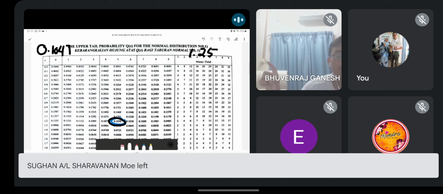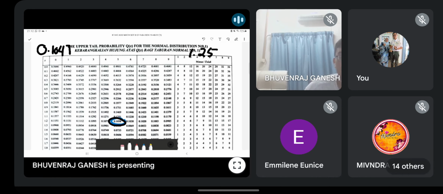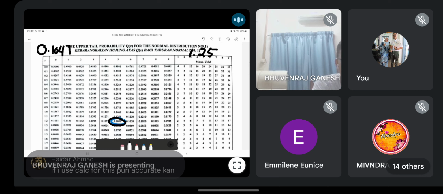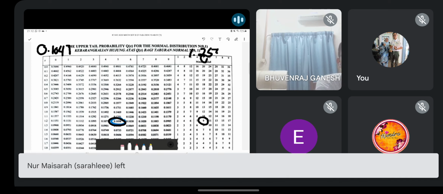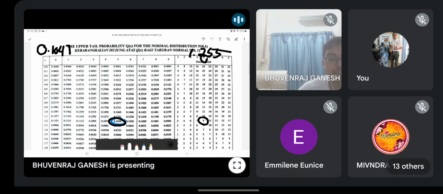Berapa? Tolak apa? 0.1056 kepada 0.1047. You must minus 9. Am I right? You must minus 9 to get your answer. So if you minus 9, score Z kamu adalah 5. So that's why you have 1.255. Okay, ini cara datang 1.255.